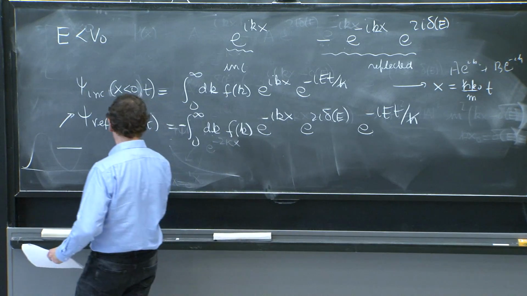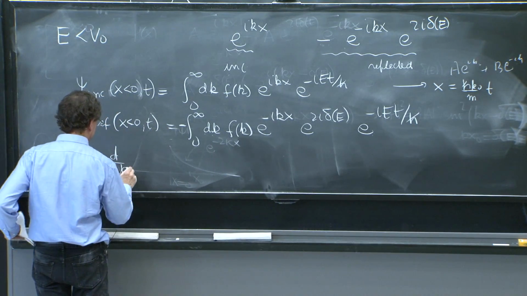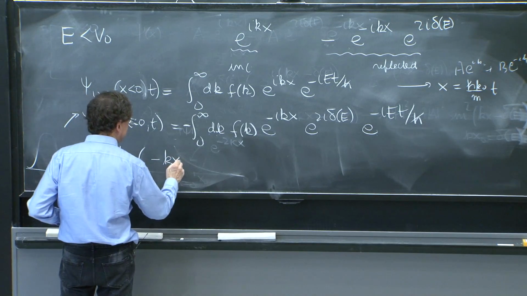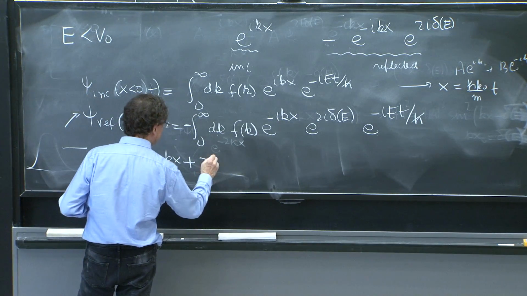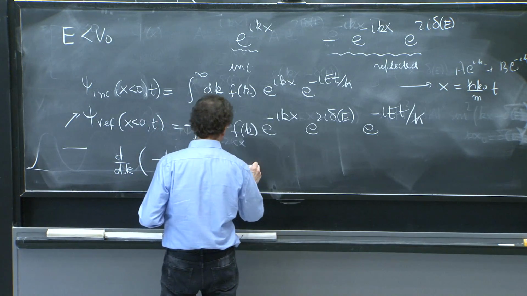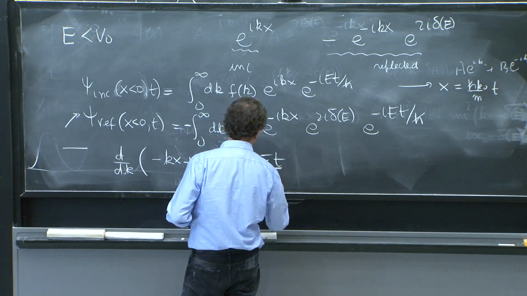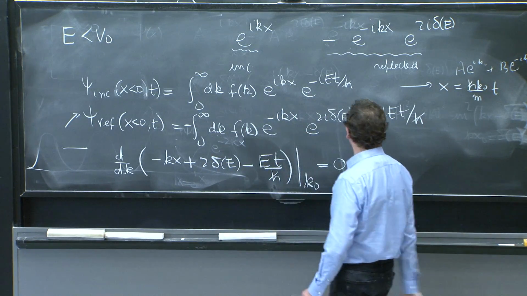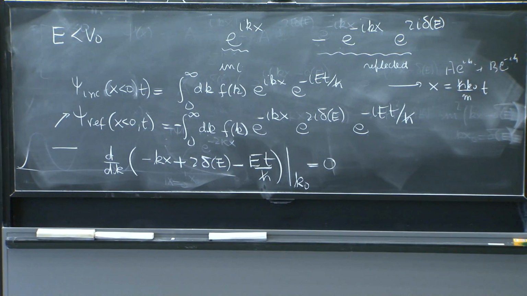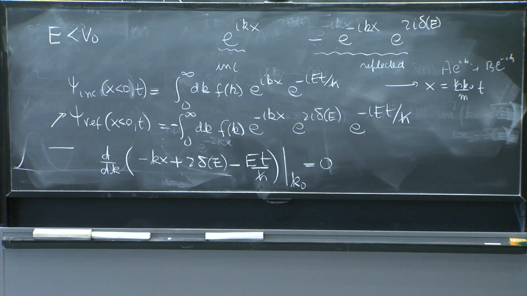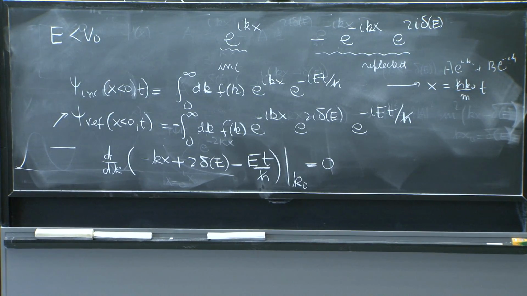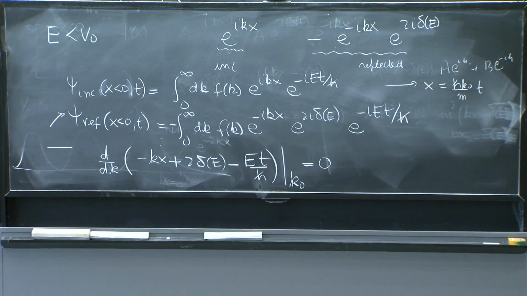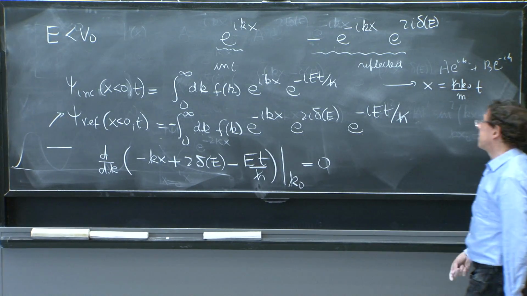Well, this one you would have to do d/dk of minus kx plus 2 delta of E minus Et over h bar, all that at k naught equals 0. And you probably remember that this thing was in your midterm, in your first test. You had this wave, and you had to analyze what did stationary phase do. And it does that.